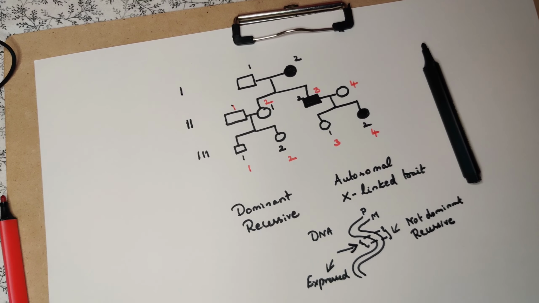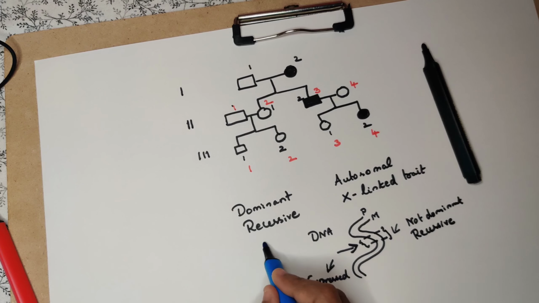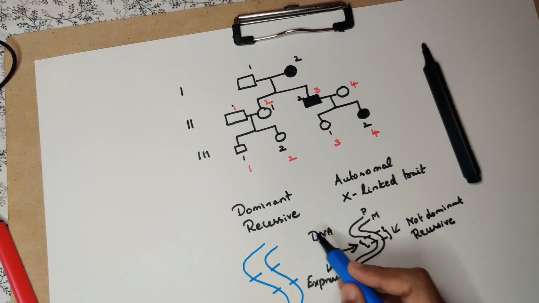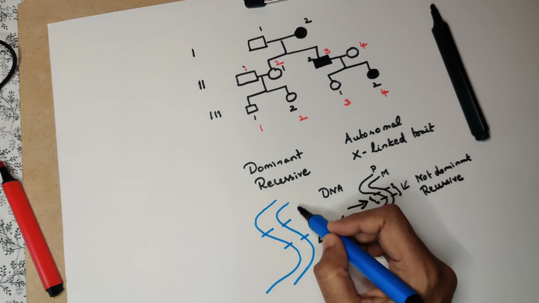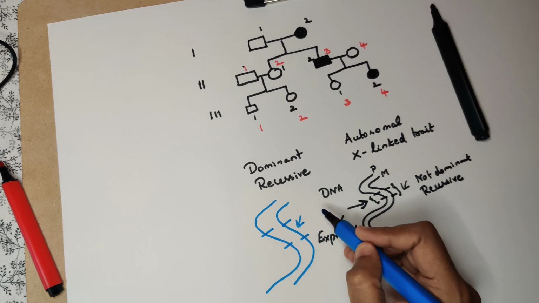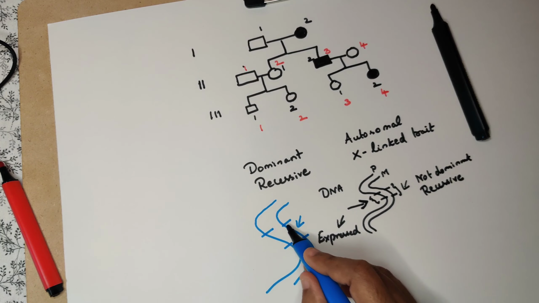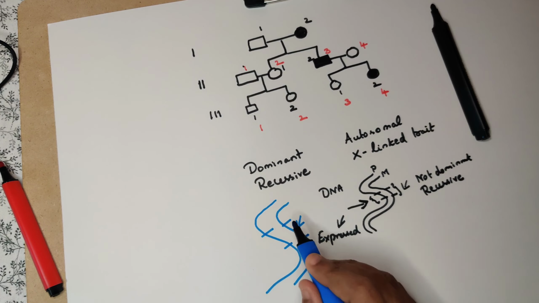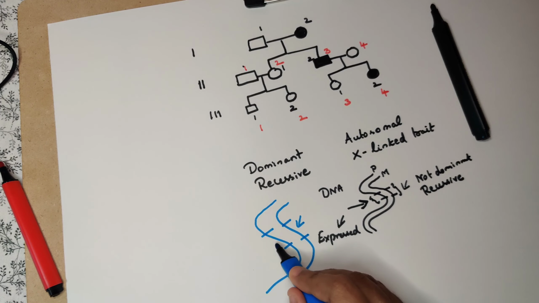Now let me show you the next one. Here also you have a DNA, and here you have a particular trait, and here you have a particular trait. If this particular trait is said to be recessive, okay, if I say this particular gene is recessive, it means its counterpart also has to be recessive.